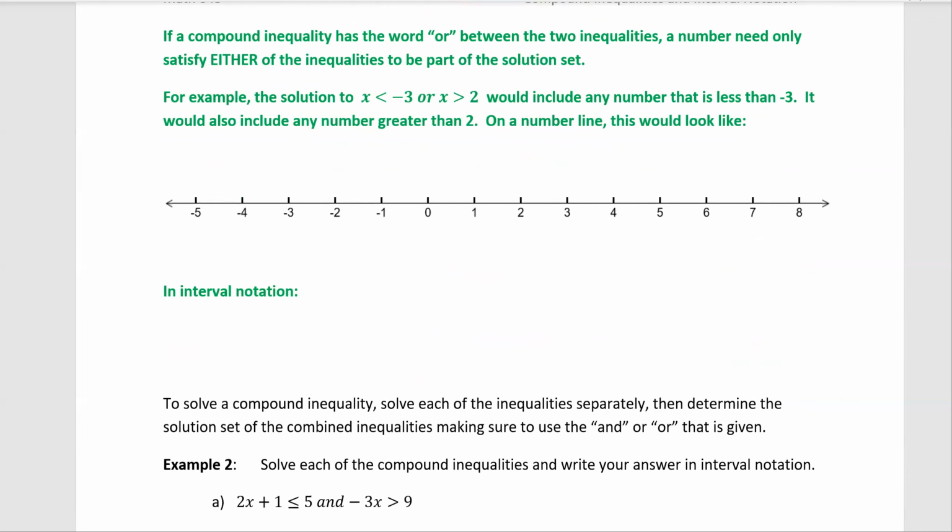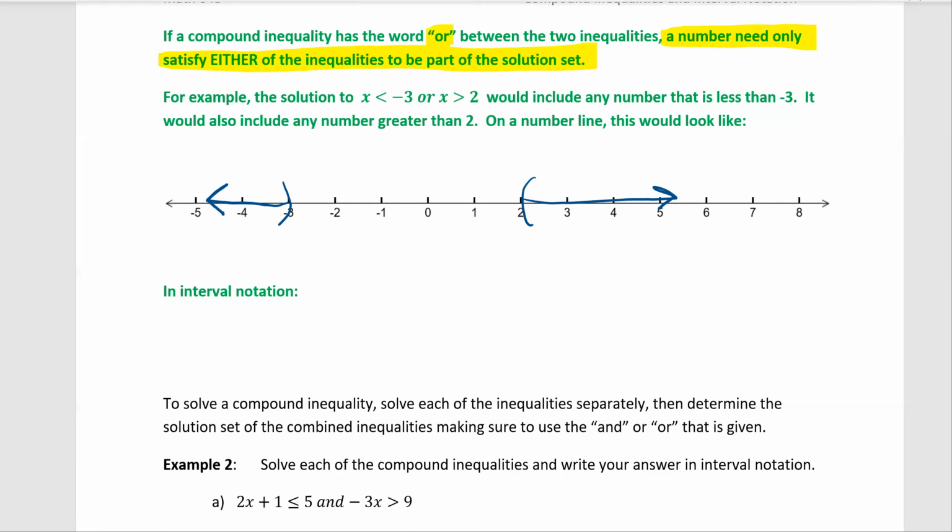If a compound inequality has the word or, a number need only satisfy either of the inequalities to be a part of the solution set. For example, the solution to x is less than -3 or x is greater than 2 would include any number that is less than -3.